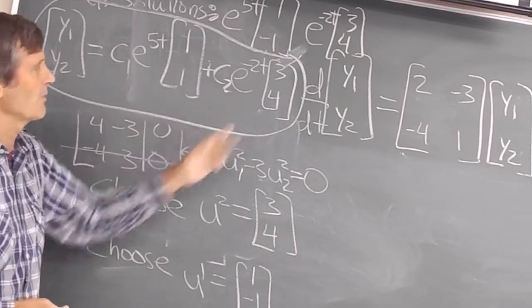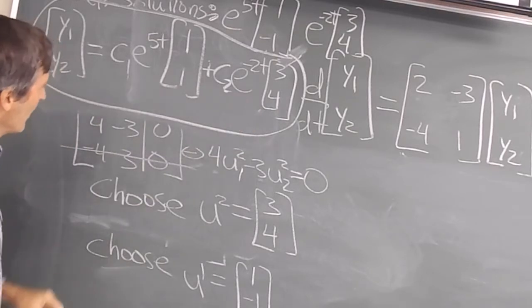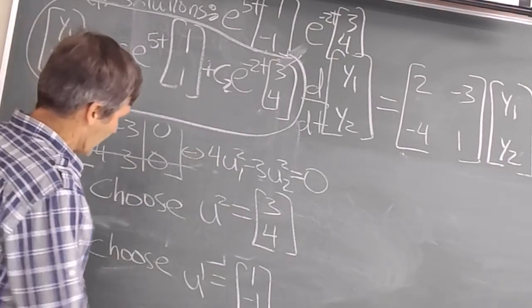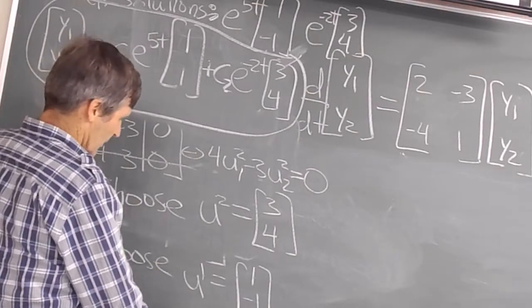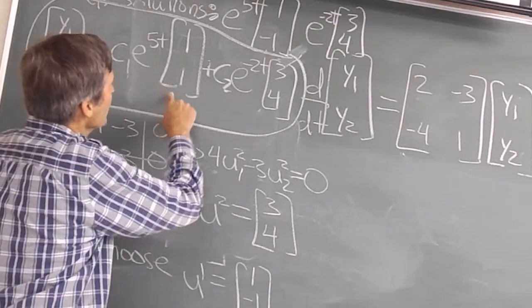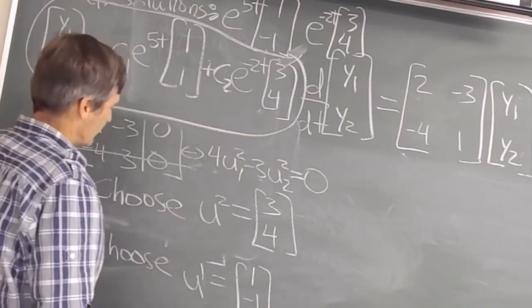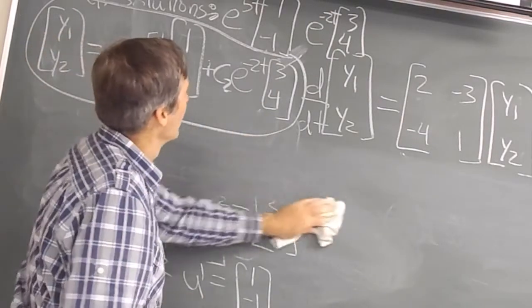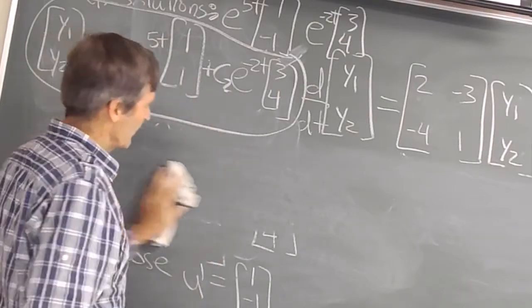We'll discuss a way of reducing to the real solutions. But we'll say for problems like this where you get real eigenvalues and two independent eigenvectors, this always gives you the general solution of a homogeneous system.